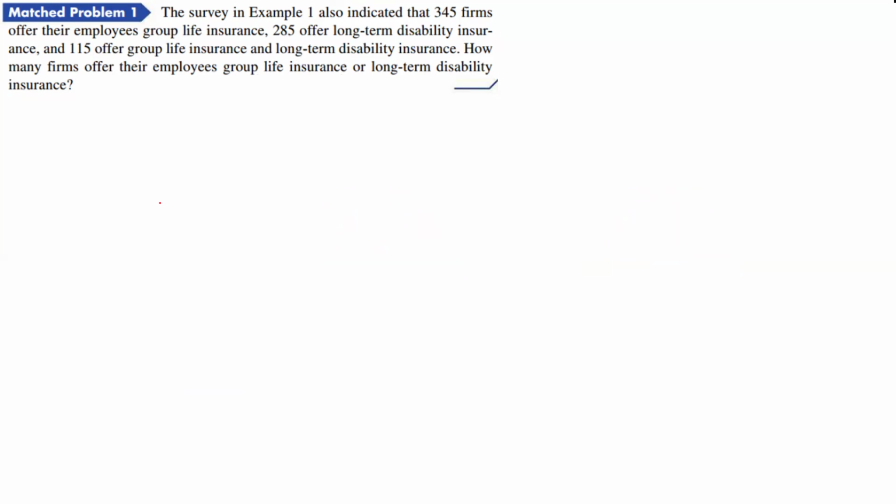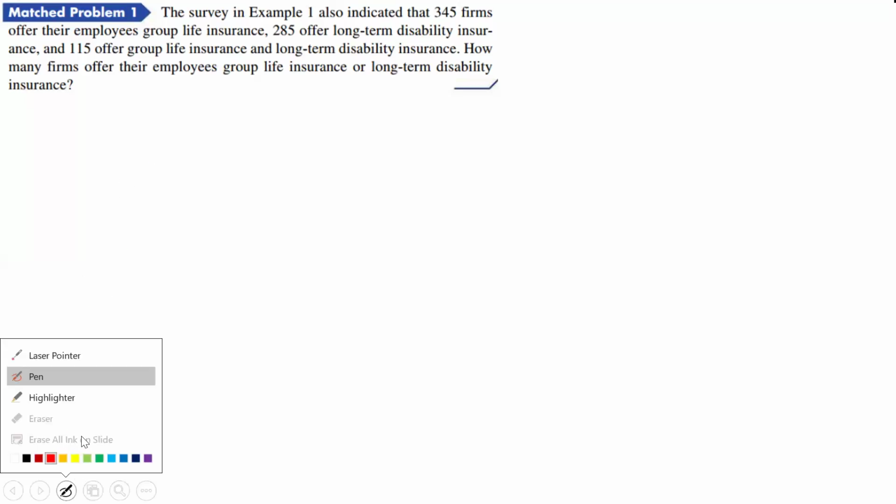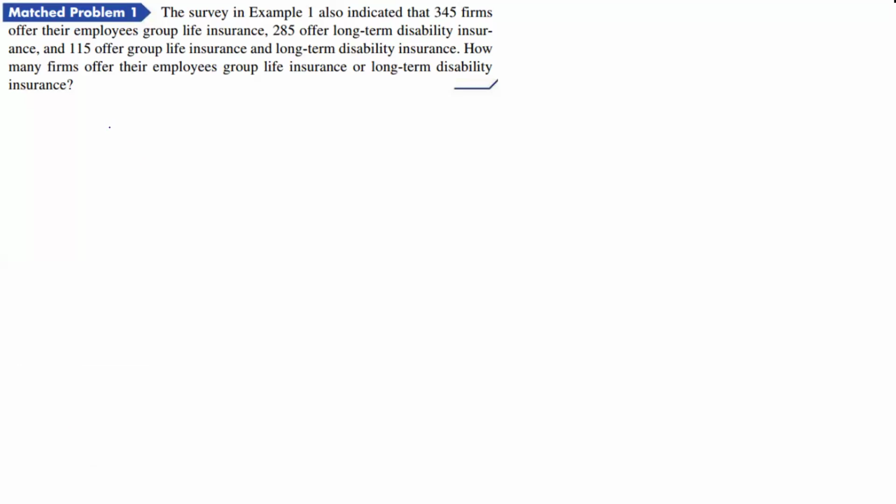And so what we're really looking at is the number in the group life union the disability. Now, since they have some that overlap, they offer both, we're going to take the number in the group life plus the number in the disability minus the number in the group life intersect the disability.